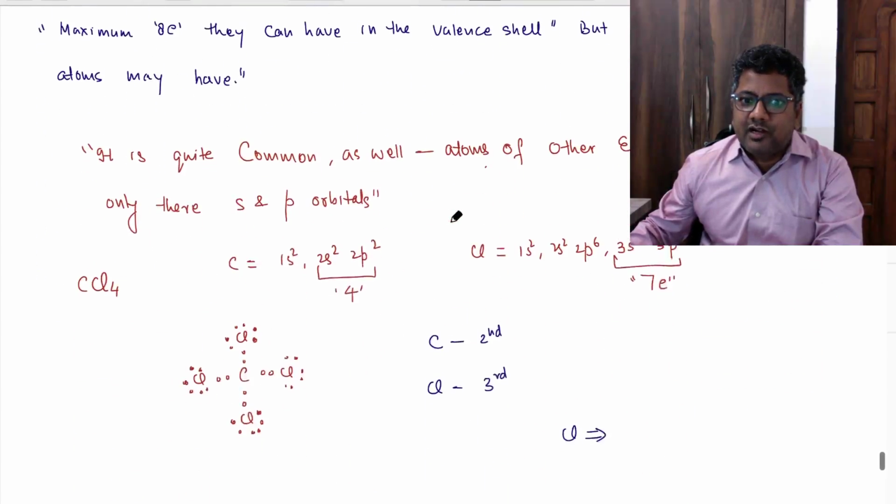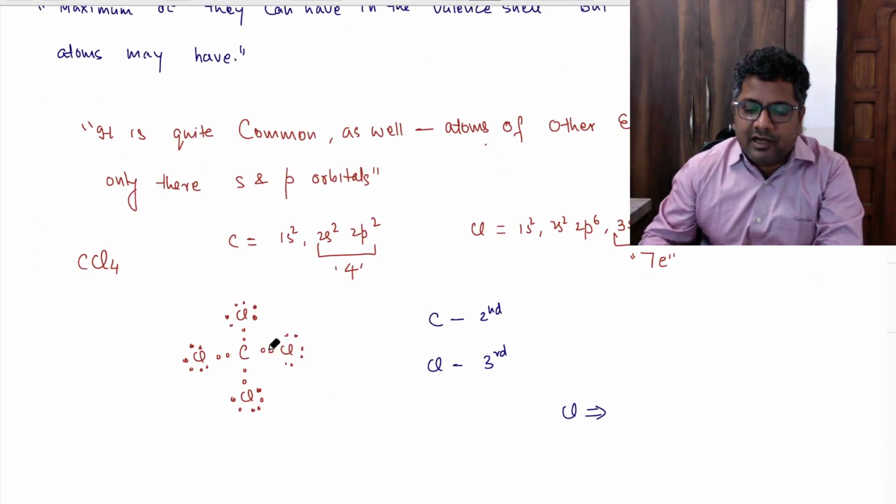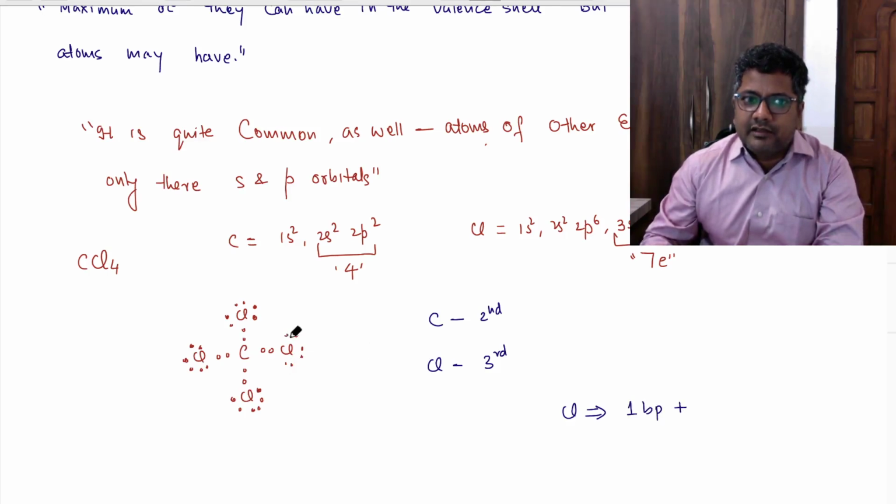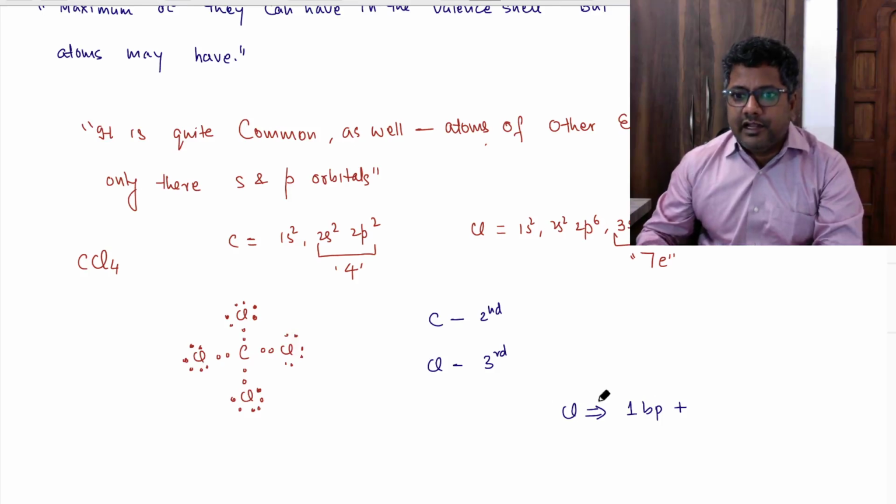So if you examine chlorine, you will find a shared pair of electrons, a bond pair. How many bond pairs? This one bond pair, plus how many lone pairs? 1, 2, 3. These are not involved in the bonding, right? So they are non-bonding electrons.